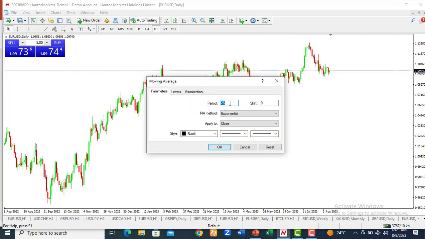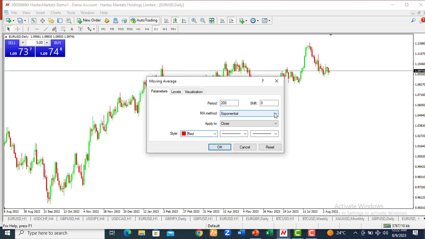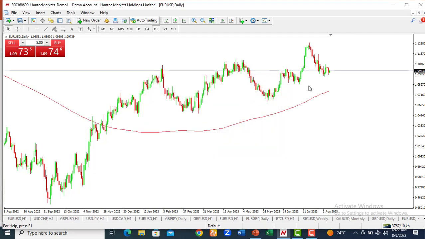To know your strong support and resistance zones, you use a moving average of period 200, and it should be a simple moving average, especially as a day trader. This is how it looks on the chart.